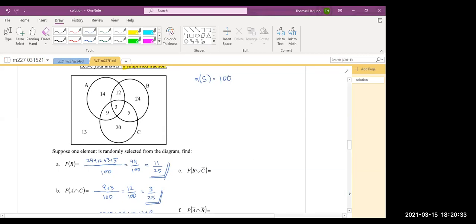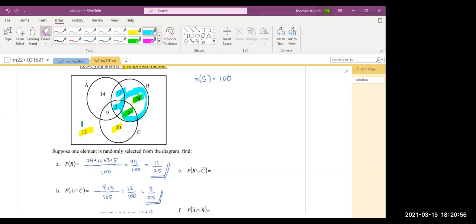That's right. So outside of A refers to these, and the ones inside B are these. Now, because it's an intersection, it has to be double shaded. So yes, that's the 24 and 5.